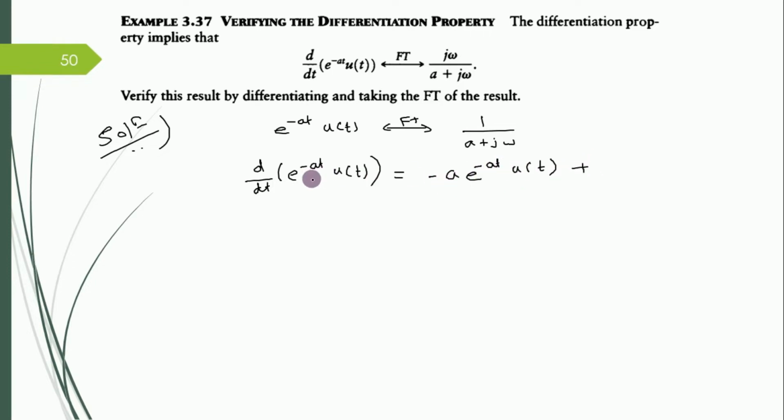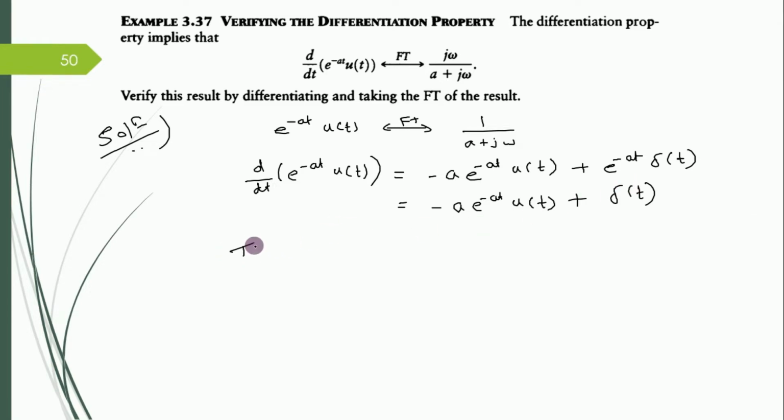Now I take e raised to minus at outside. Differentiation of unit step function, we have studied about its properties. It will give you delta of t. Or else this can also be written as minus a e raised to minus at u of t. Here this delta of t exists only for t is equal to 0. When t is equal to 0, this delta of t exists. So if I substitute t is equal to 0, you will get e raised to 0, which is 1. Hence I can just write delta of t.